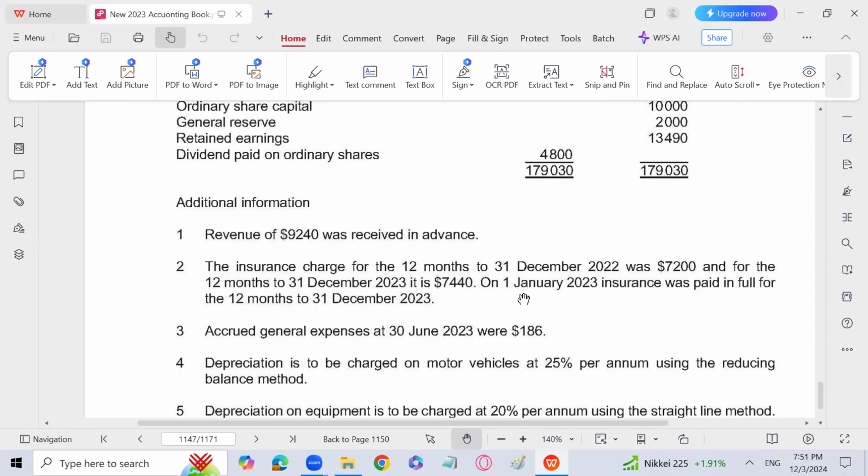On 1st January 2023, insurance was paid in full for the 12 months to 31st December 2023.